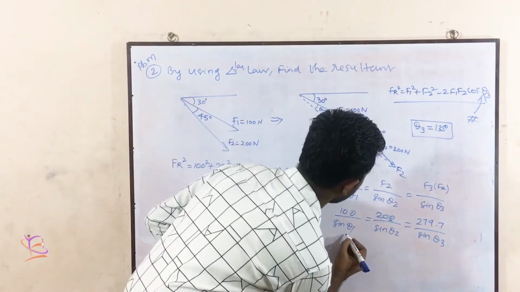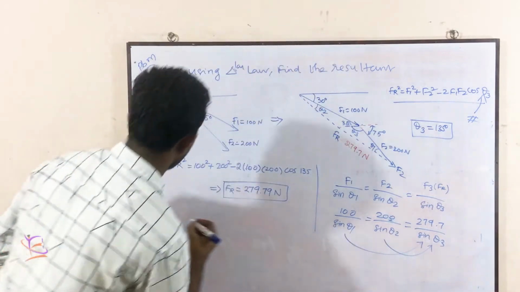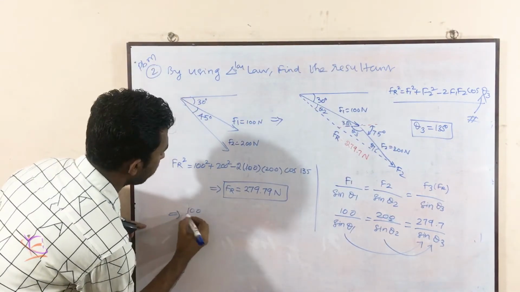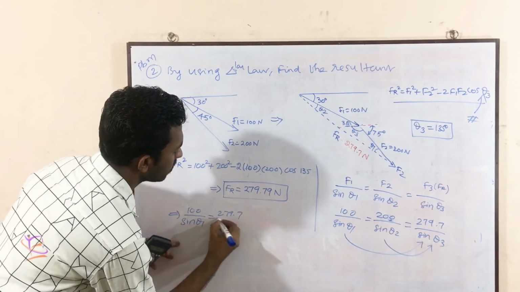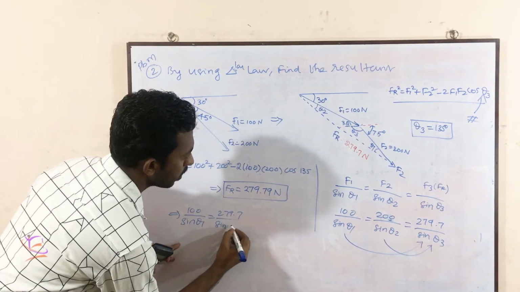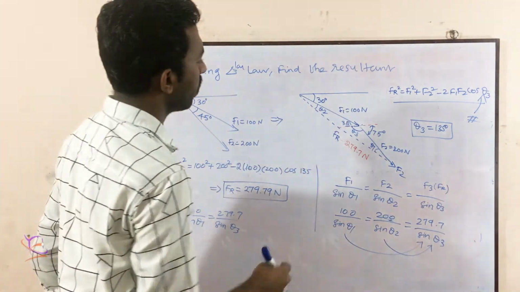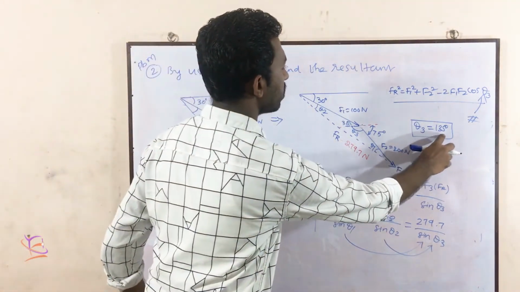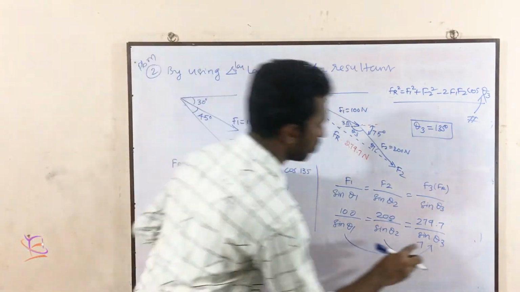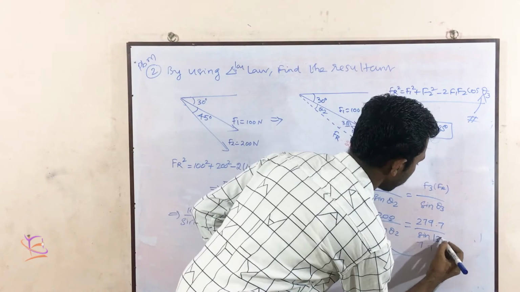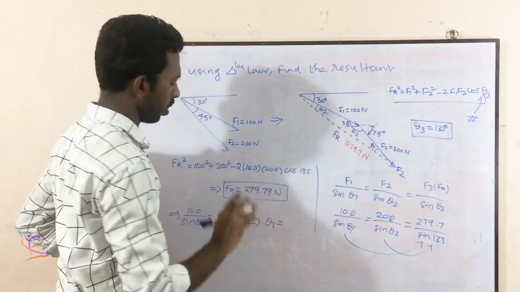So now equating these, 100 divided by sine theta 1 is equal to 279.7 divided by sine theta 3. Theta 3 value we know is 135, so we can substitute 135 here. Then you will get the value for theta 1.